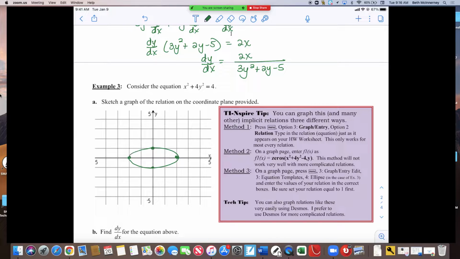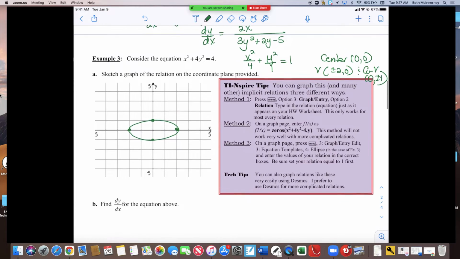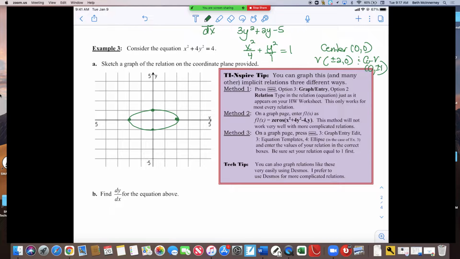I knew just from the equation that this was an ellipse, that if you divided by 4, I knew my center was at (0, 0), and that the vertices were at plus or minus 2, comma 0, and the co-vertices were at 0, plus or minus 1. So again, you didn't have to do it on the graphing calculator. You could have done this by hand.